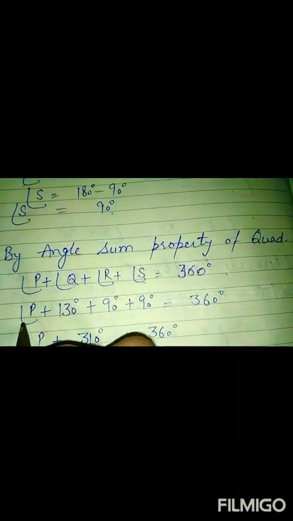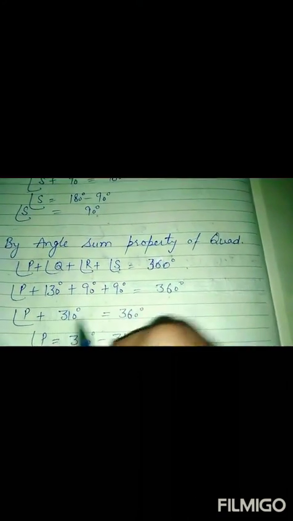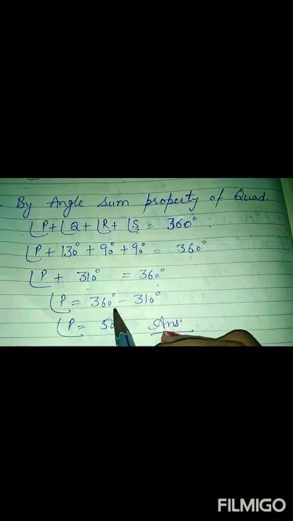We have to find P, Q's value is 130 degree, R is given 90 degree, S we found 90 degree, equal to 360 degree. Angle P plus 310 degree equal to 360 degree. Angle P equal to 360 degree minus 310 degree. Value of P equal to 50 degree. That is the answer. This is the alternate method.